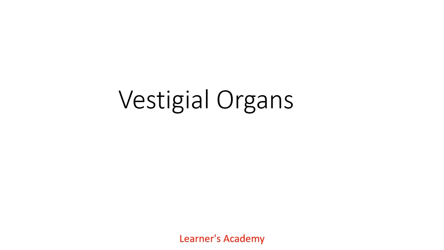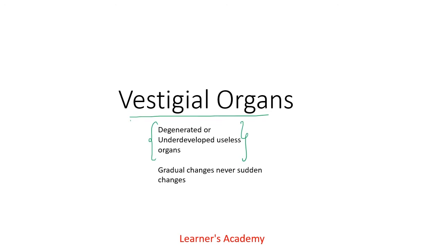Vestigial organs are the organs which are either degenerated or underdeveloped, useless organs. The existing organs undergo gradual changes, and there is never a sudden change. A body part may be useful under certain situations but may become useless or even harmful under different conditions.